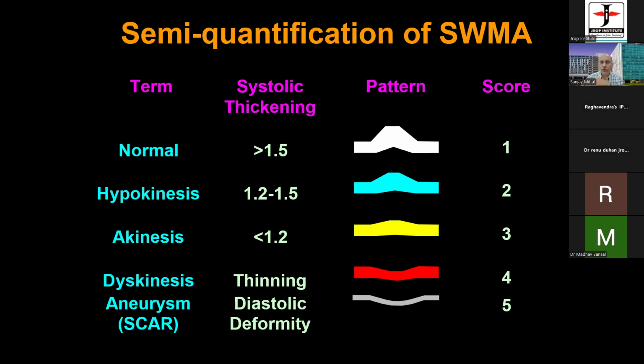So if we have a score index of 1, that means the ventricle is completely normal. The higher the score index, if it is 1.5 or 2, that means that much higher wall motion abnormality. Either the number of segments is higher, or the akinesis or dyskinesis, which is higher in score, is higher. So any which way, the higher the index, the worse is the outcome, and much worse is the ventricular function.